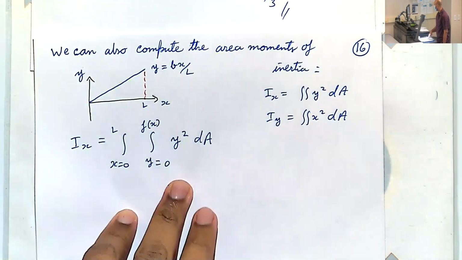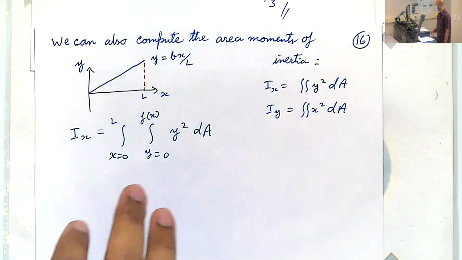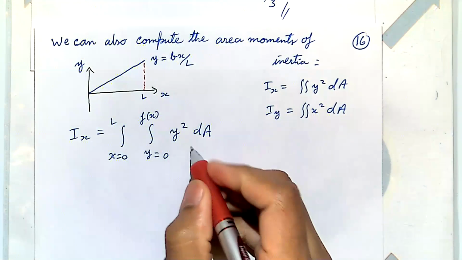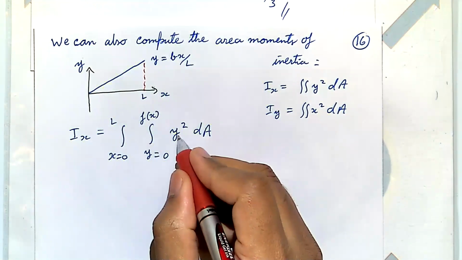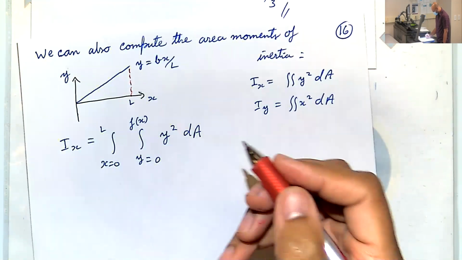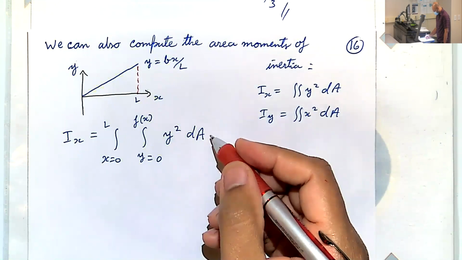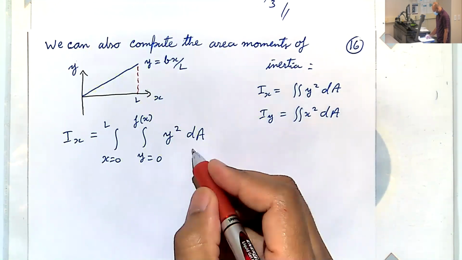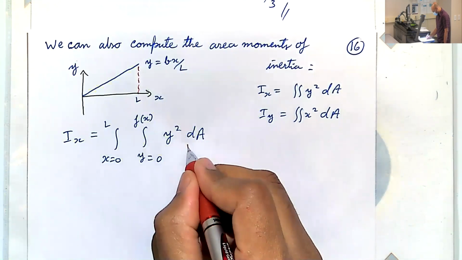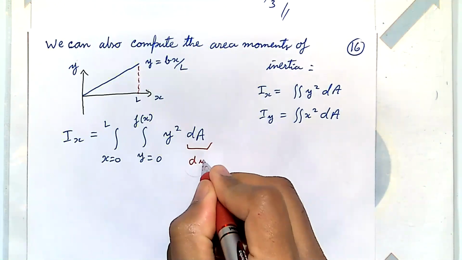What's the next step? Do you replace y with f of x? Yeah, you can do that. So in this case, y is just f of x. But before we do that, let's break this dA up into what? Dx and dy. Yeah, it's dy times dx.